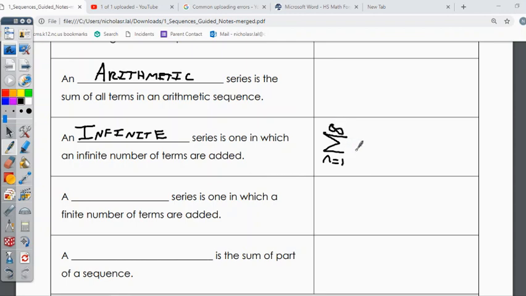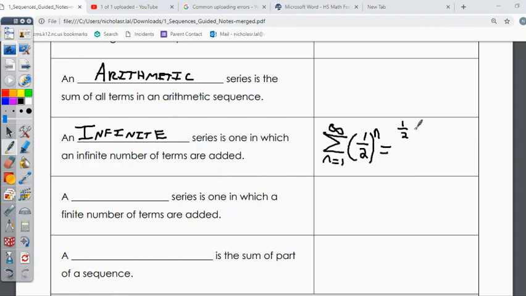And you have, let's just do an example here, 1 over 2 to the n. All right? So if you think about it, to add this up, it would be 1/2, because 1/2 to the first power is 1/2. What's 1/2 to the second power?